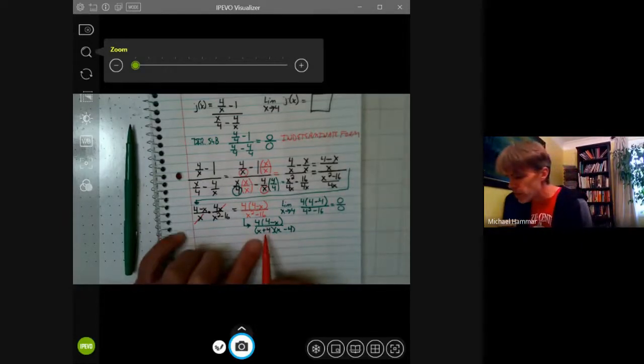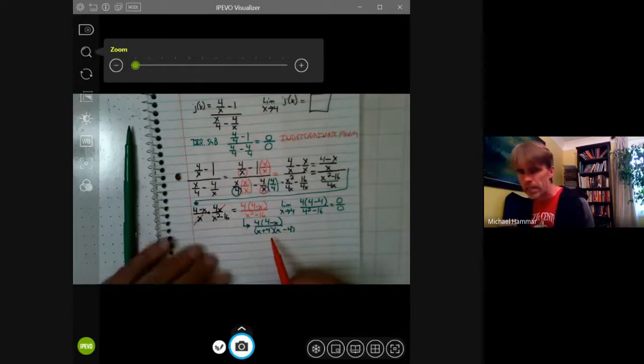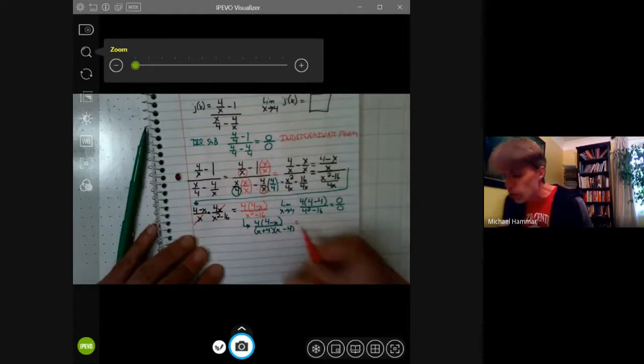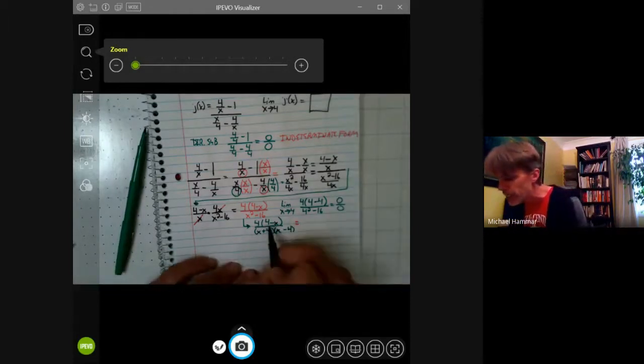So take a look at this now. Do you see that it's kind of close? We have 4 minus x up here, but we have x plus 4 here, not exactly. Then we have 4 minus x here, but this is x minus 4 here. So these two are just slightly different. There is a little trick that we can do when we have the x being negative, okay? And that little trick is we can take out -1 from everything in this one.